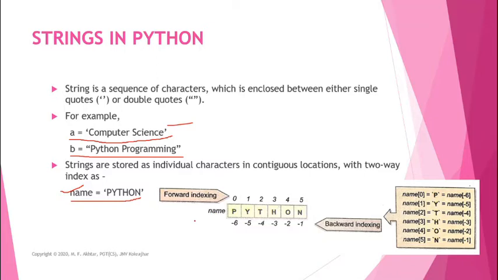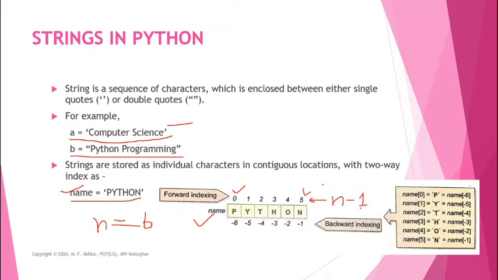In memory, each letter of Python is stored separately in contiguous locations, and the index starts from 0, then 1, 2, 3, 4 and up to 5. There are a total of 6 letters, so n equals 6, and the index goes up to n minus 1, that is 5.